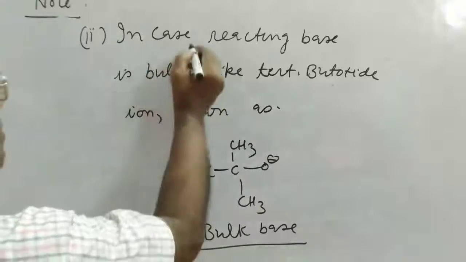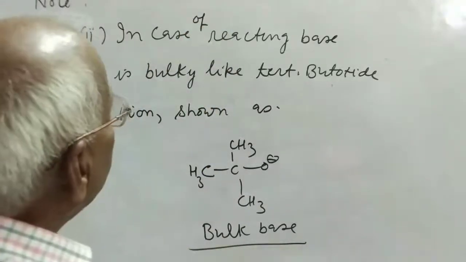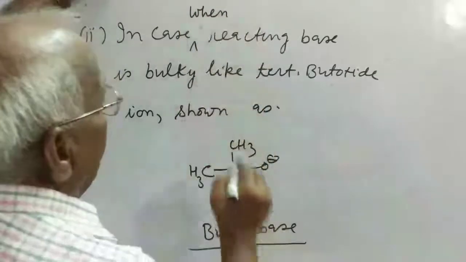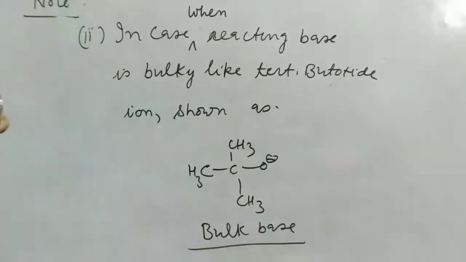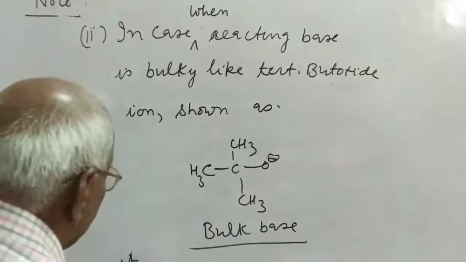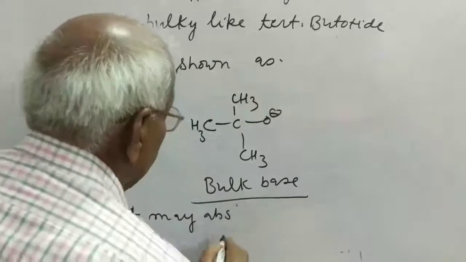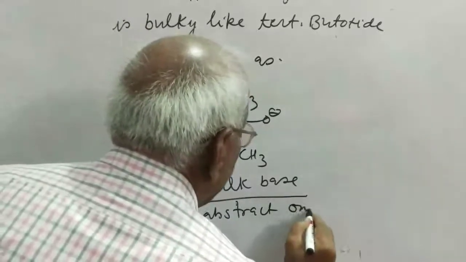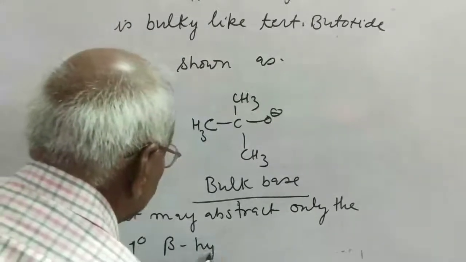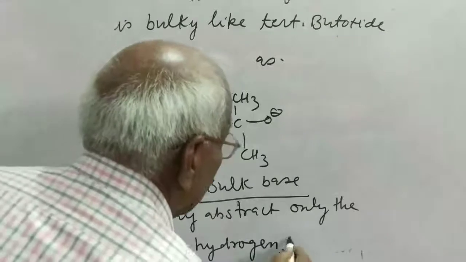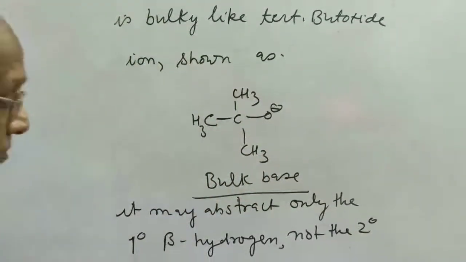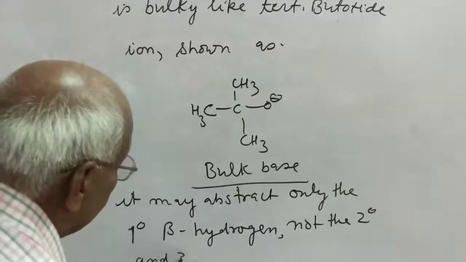So when the reacting base is bulky like tertiary butoxide ion, it may abstract only the 1 degree beta hydrogen, not the 2 degree and 3 degree beta hydrogen.